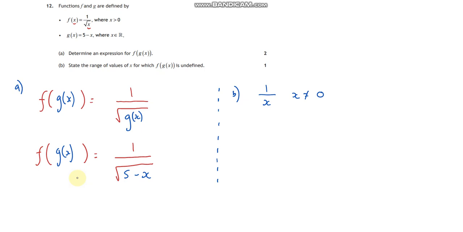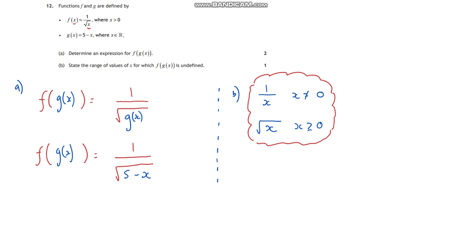The other thing is I cannot take the square root of a negative. So x here has to be greater than or equal to 0. It cannot be less than 0. It can't be a negative number. These are the two things that you need to remember when you're doing these ranges, okay? You're doing like what values can it not be, okay?